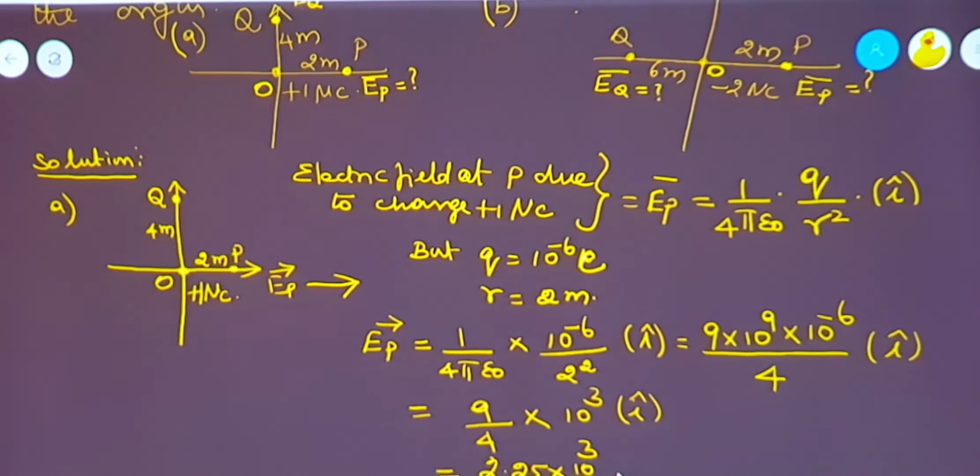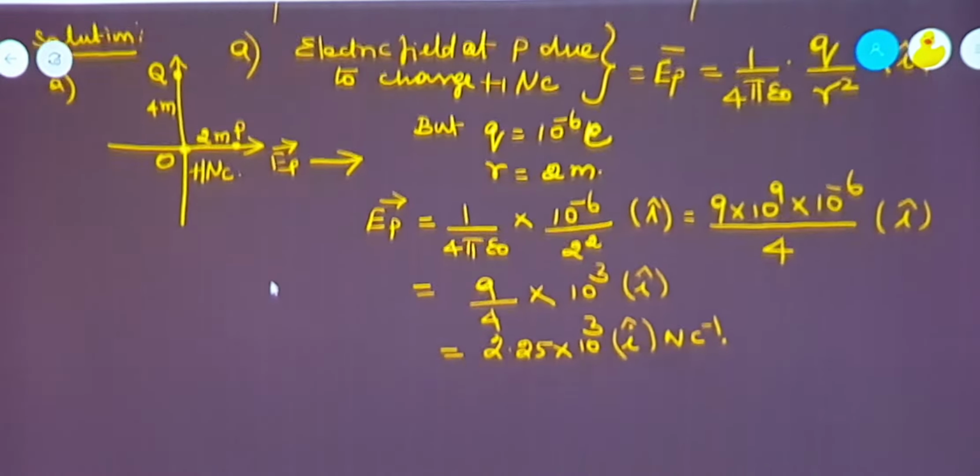Electrical field. The direction is I cap and the unit is Newton per Coulomb. This is the electrical field at the point P due to the charge plus 1 microcoulomb. That is subdivision A.